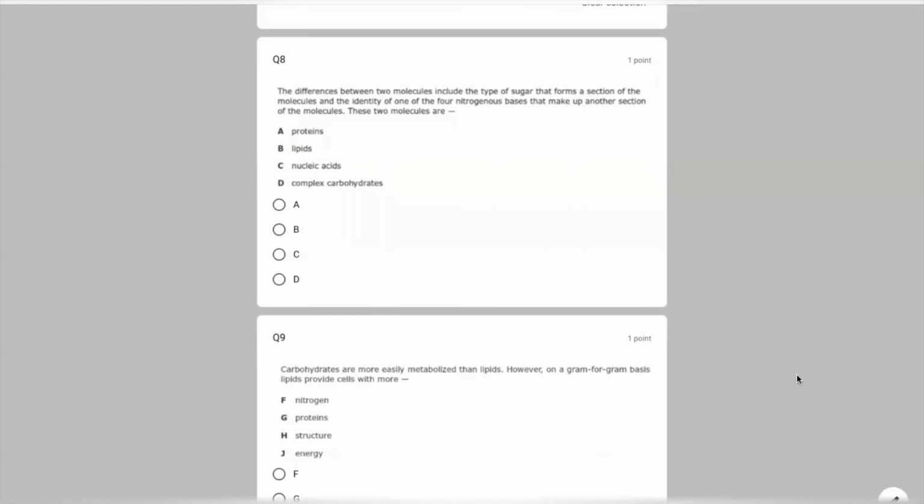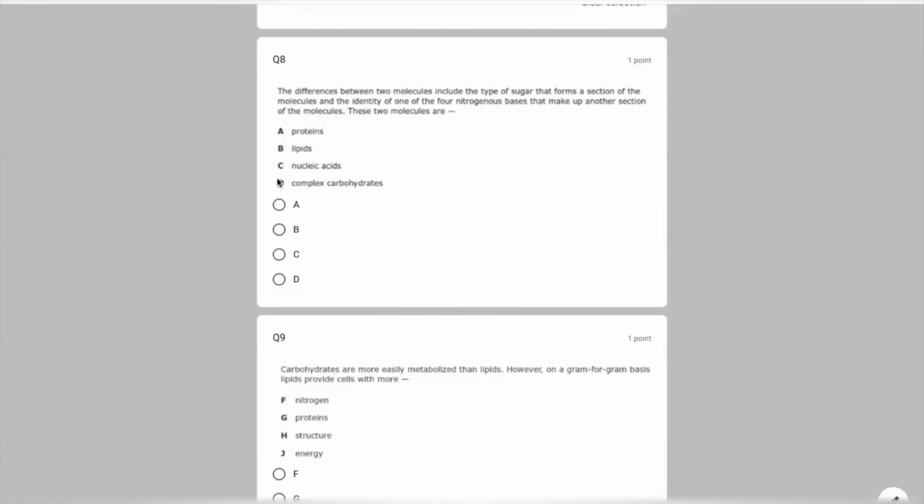Okay, so right here we can see that they're talking about two molecules, and the differences between them is the type of sugar they have that form a section of the molecule and the identity of the four nitrogenous bases that make up another section. So for this one, let's just do process of elimination.